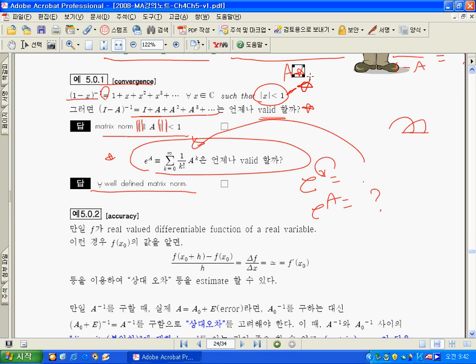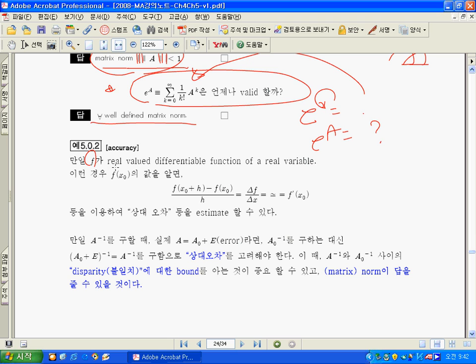We had a radius of convergence as a condition to guarantee this equality. We had a counterpart of the radius of convergence of reals for the matrix. That's the matrix norm.